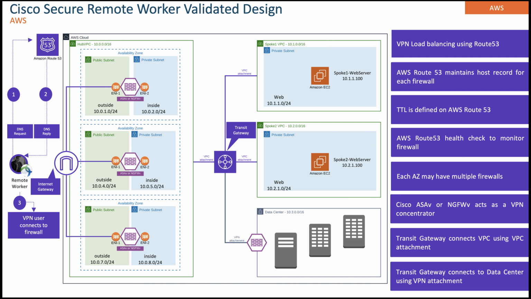That resolution will happen using Route 53, and Route 53 will do the weighted load balancing of VPN session to these firewalls. And once we receive traffic on firewall, from there we will send it to spoke 1 VPC, spoke 2 VPC, or we can even send it back to the data center. So that is what we have on the remote worker side.